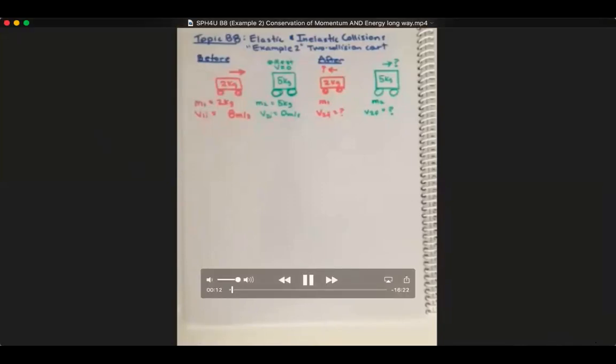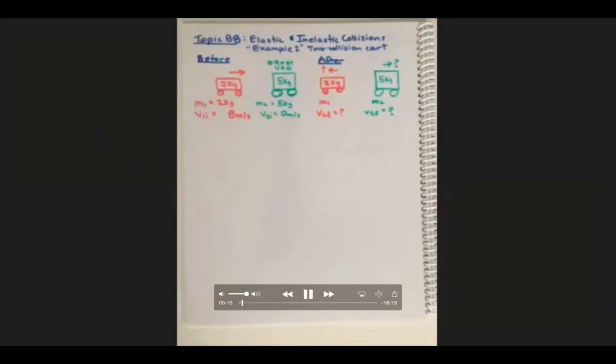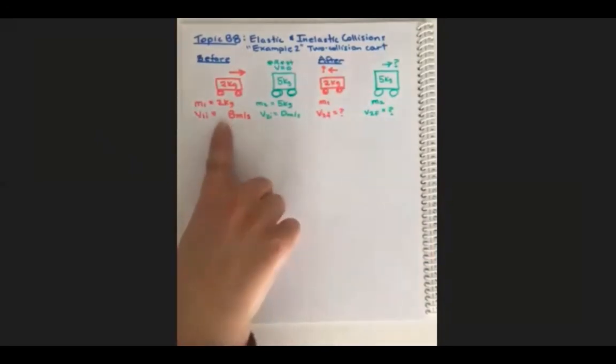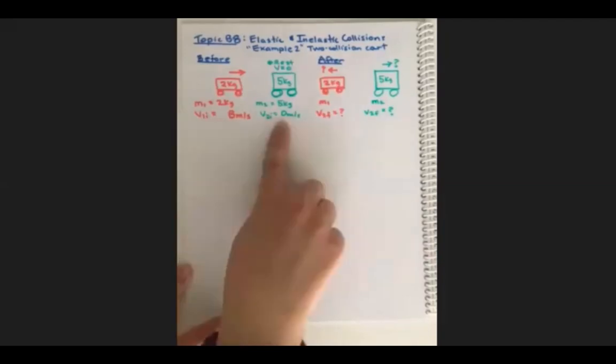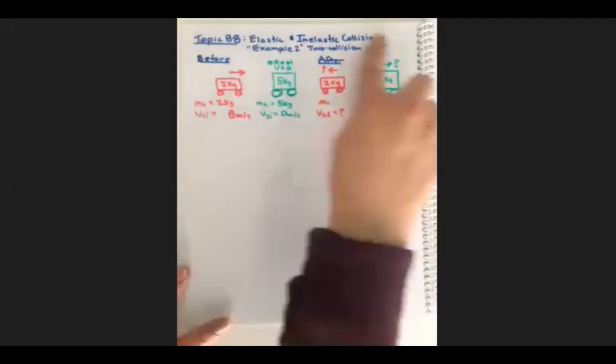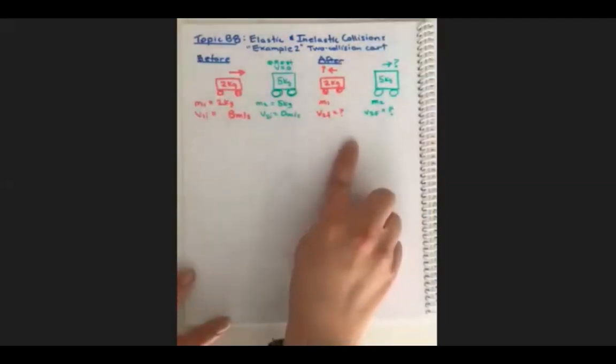It's important to start all collision and explosion problems with a before and after diagram. I've drawn a red cart and a green cart before the collision. The red cart has 8 meters per second velocity to the right, and the green cart has a velocity of 0. Then I've drawn a possible scenario for the collision after.